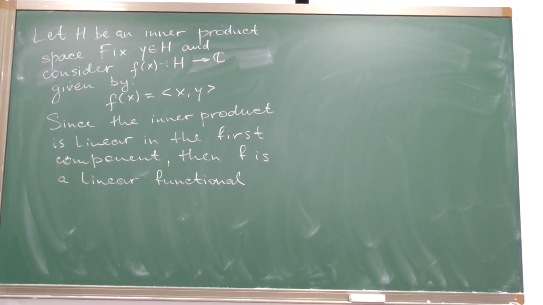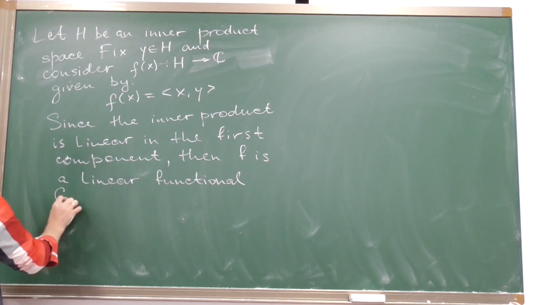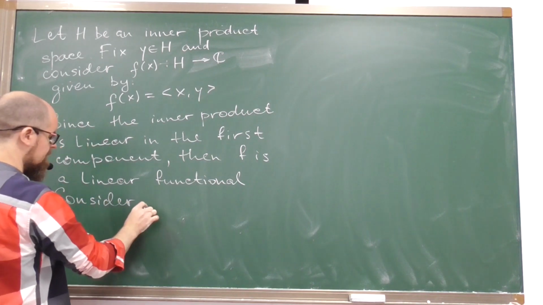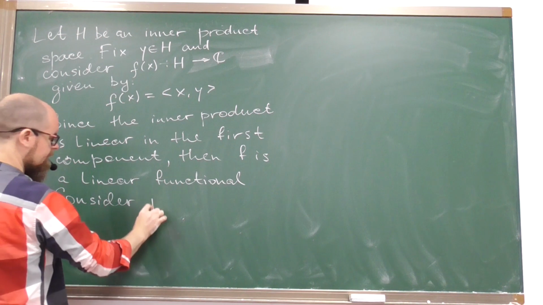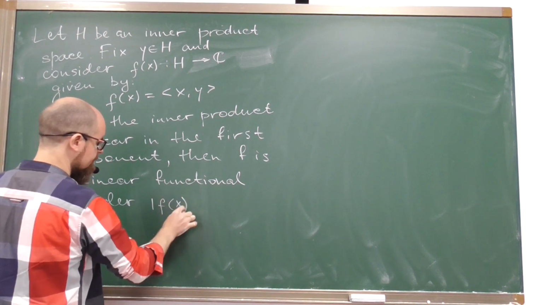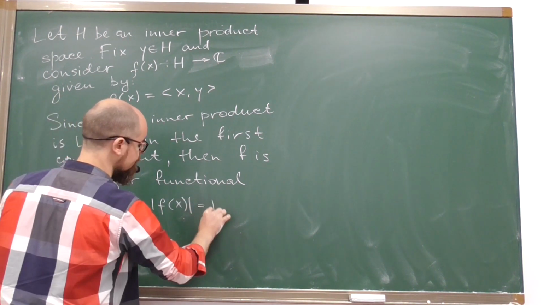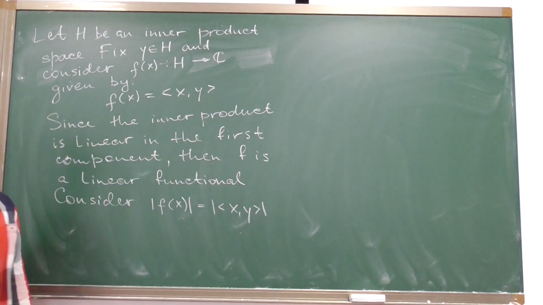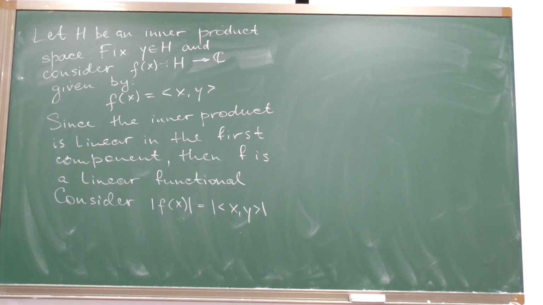Is it bounded? Let us consider the absolute value of f of x, which equals the absolute value of the inner product of x and y. Let us now use the Cauchy-Schwarz inequality.